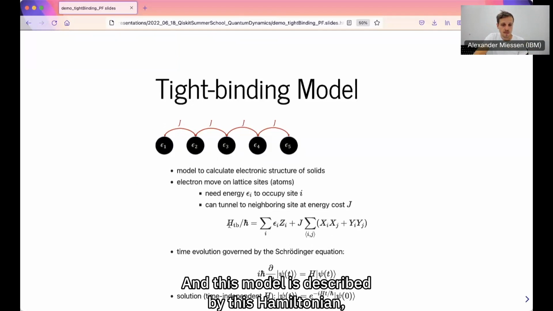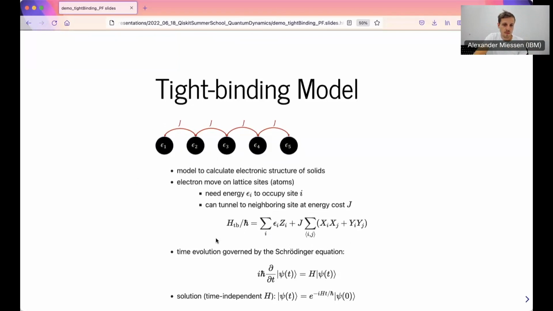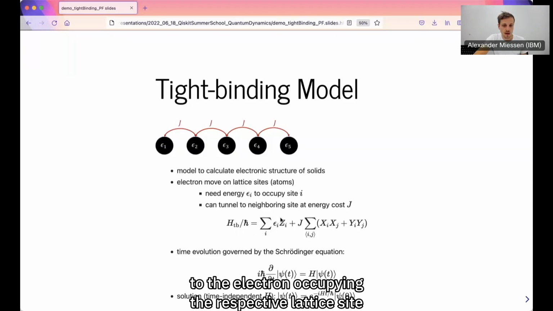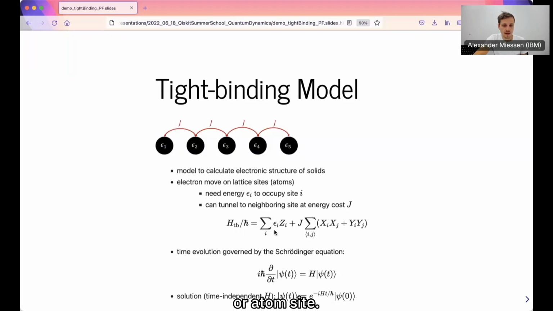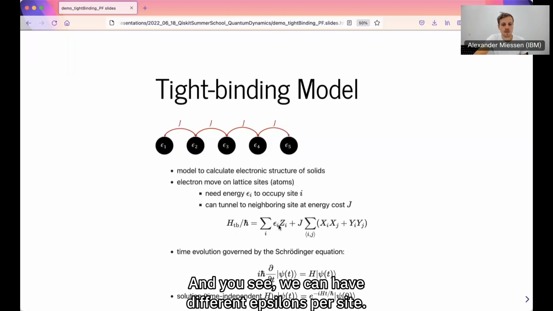And this model is described by this Hamiltonian, the tight binding Hamiltonian, where this first term here corresponds to the electron occupying the respective lattice site or atom site, and you see we can have different epsilons per site.